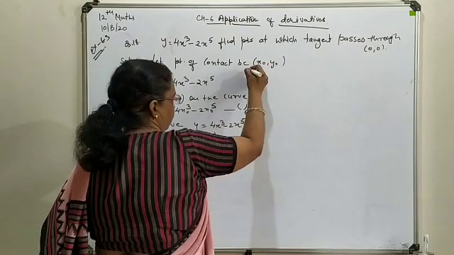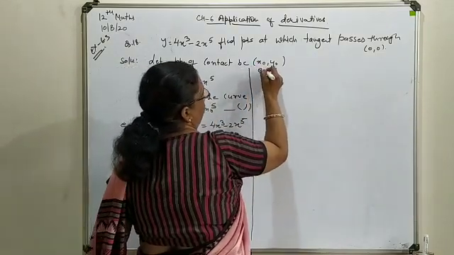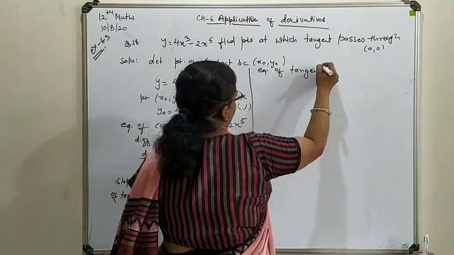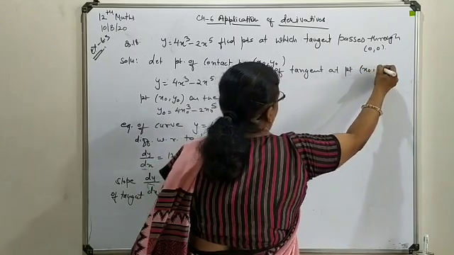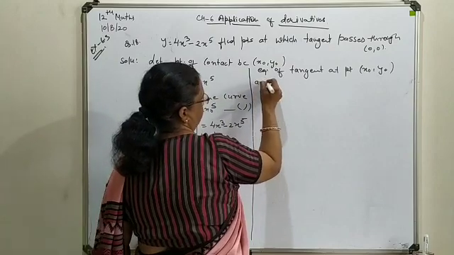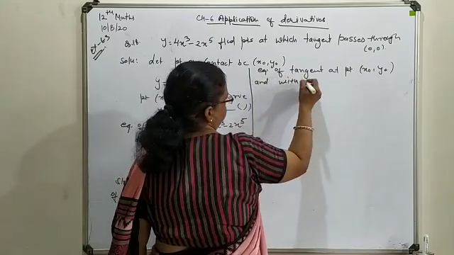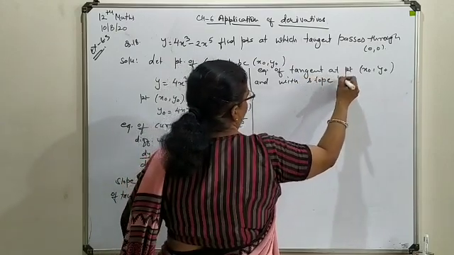Now we will find the equation of the tangent at point (x0, y0) with this defined slope. So next we will move towards the equation of the tangent at point (x0, y0) and with slope m.